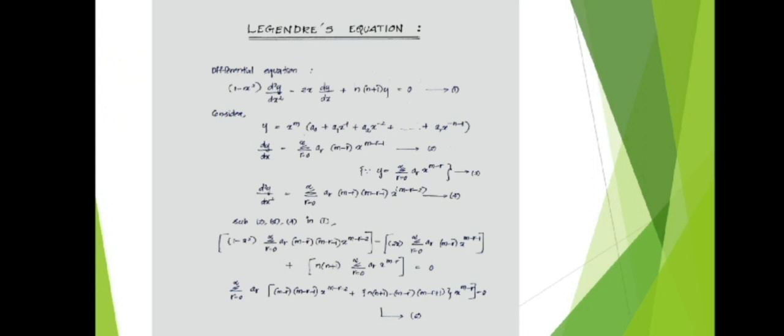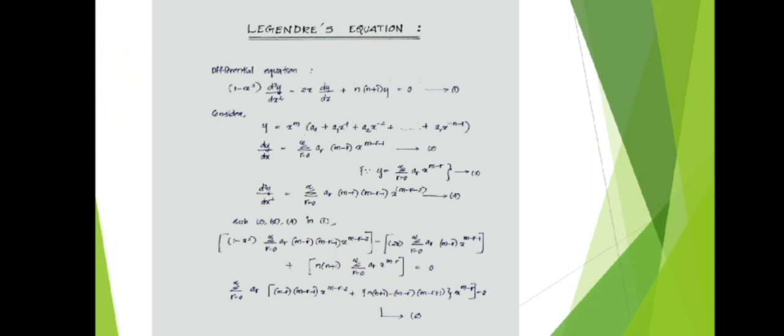Then we have to find the second order for this equation. d²y/dx² is equal to summation r equal to 0 to infinity of ar (m minus r)(m minus r minus 1) x^(m minus r minus 2), which is equation number 4. We have these three equations.